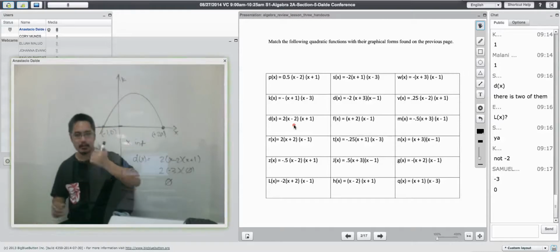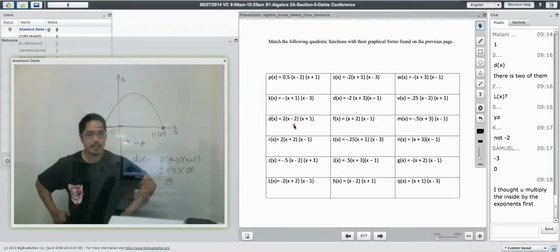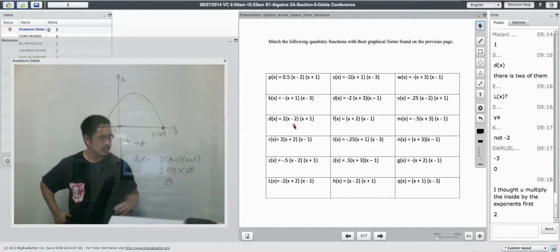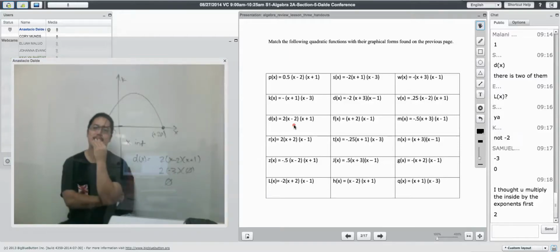Are we cool? I thought you multiplied the inside by the exponents first. There are no exponents on this thing. But sure, go for it, Sam. If you wanted to multiply 2 times negative 3, that would be negative 6, but you multiply it by 0, it still kills it. Is that clear?